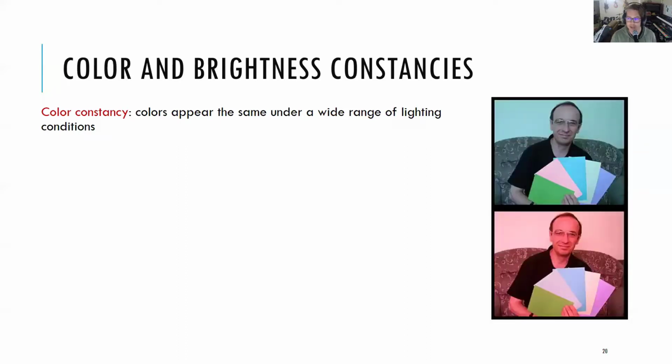Another good example of this is when you're outside. I mentioned that the sunlight is usually not exactly white. It's got some yellows to it. It's got a little bit of a redder tint than a lot of our interior lighting. And maybe you're outside wearing a bright green sweater, and the light outside is yellow. And you walk inside, and there's white light, and you're wearing a green sweater.